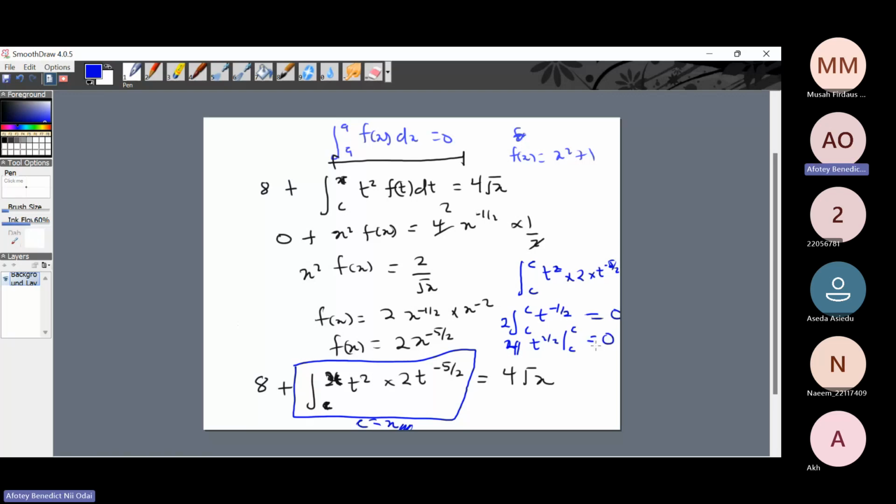So when we do this, we still see that once we say let c be equal to x or something, we can see that when c is equal to x, this entire part gives us 0.